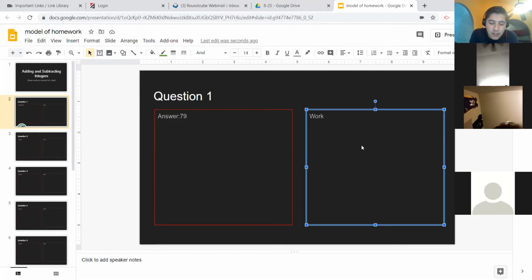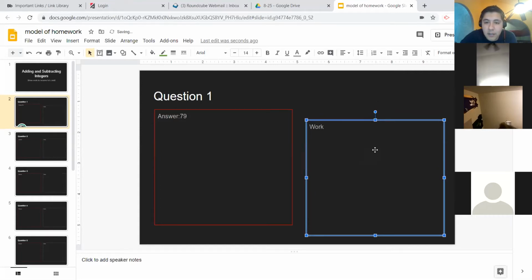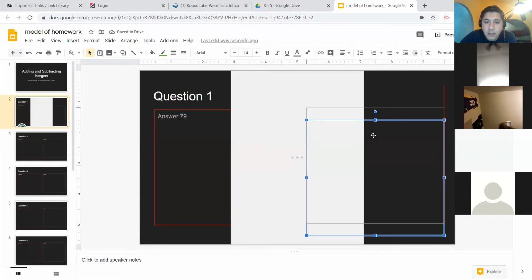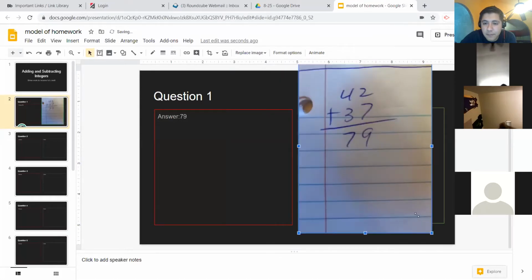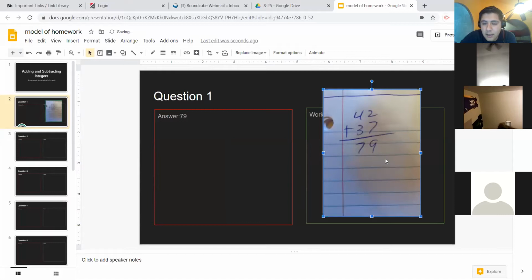You should be able to see an addition symbol at the top, and you're going to be able to add an image, and you take a picture of your work. It should automatically be uploaded on there. See that? So pretty easy, right? Do you download it on your phone? Yeah, that's probably the easiest way to do it.